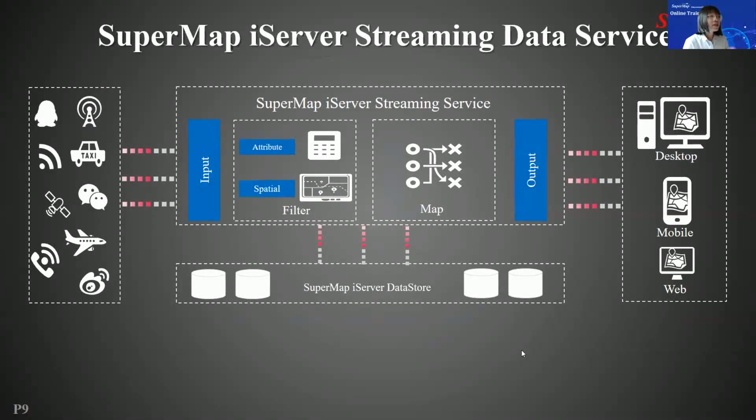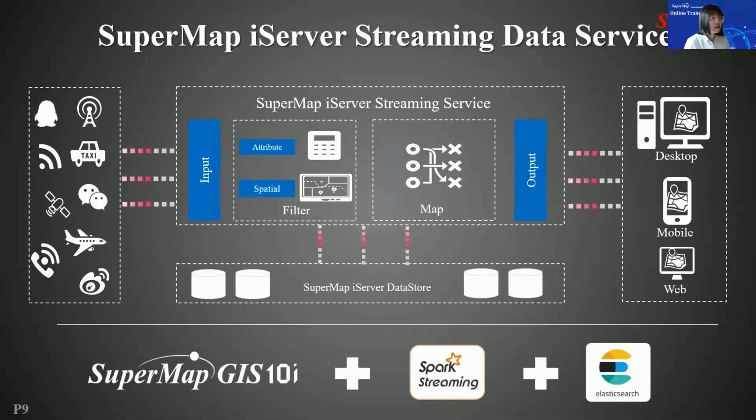So this is the workflow of the SuperMap iServer streaming data source. These are our streaming data sources. The sources could be from multiple social media, sensors, RFID, or airplanes, something like that.